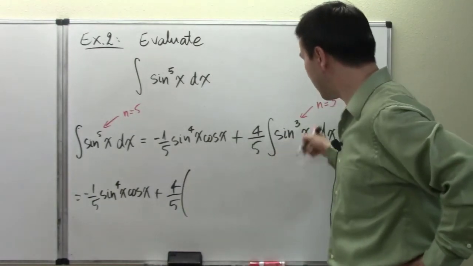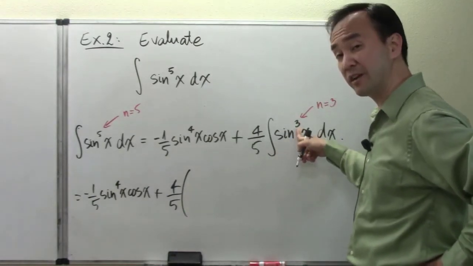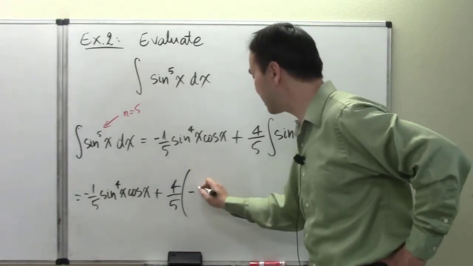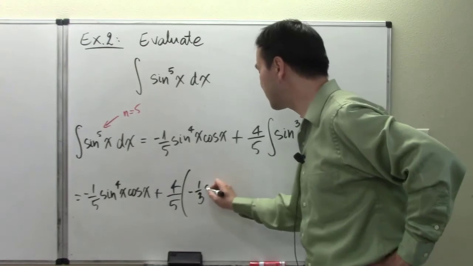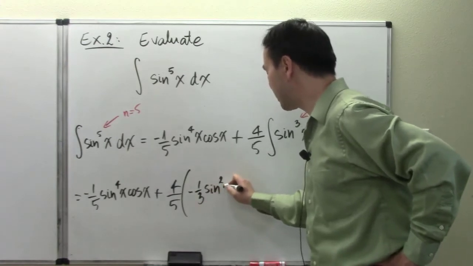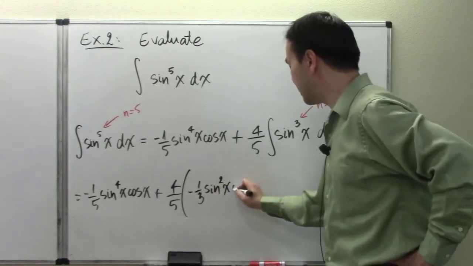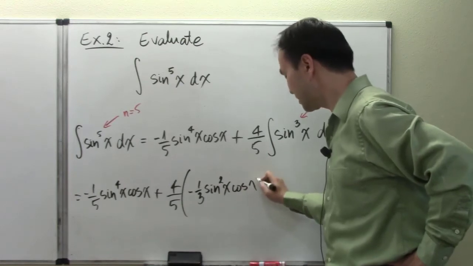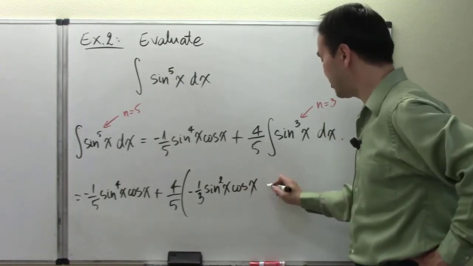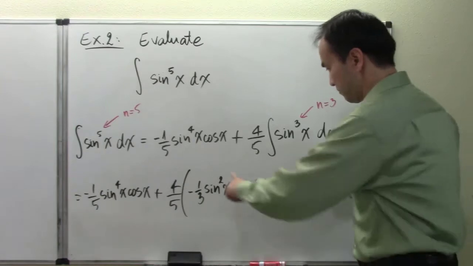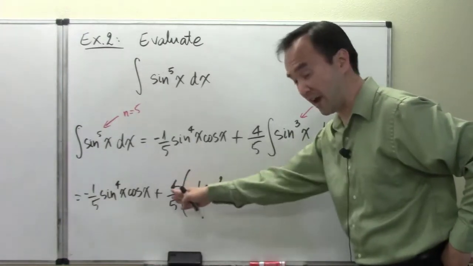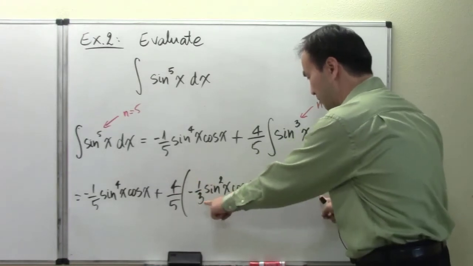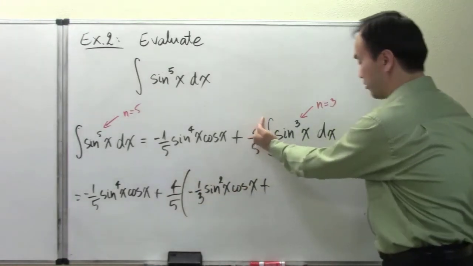The reduction formula says, with my current n being 3, I need a negative 1/3 times sine squared of x times cosine of x.